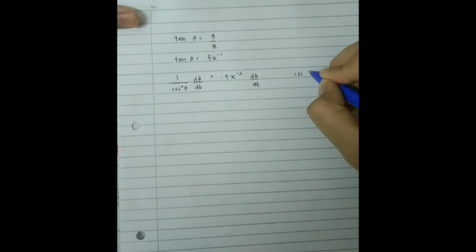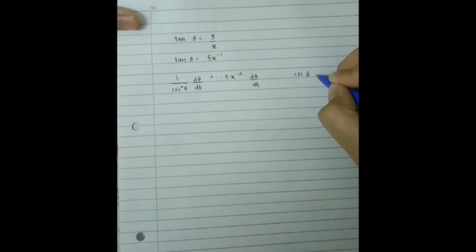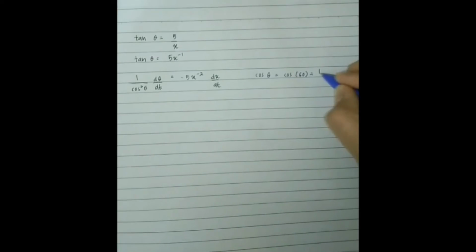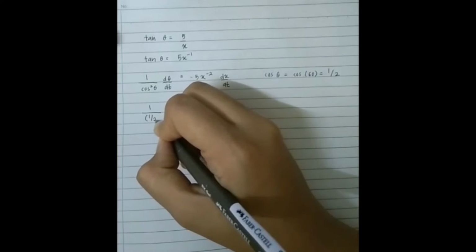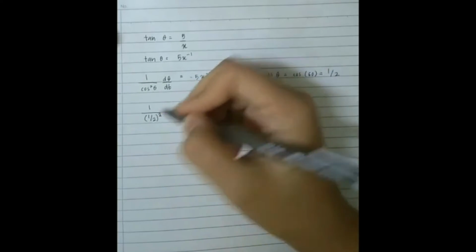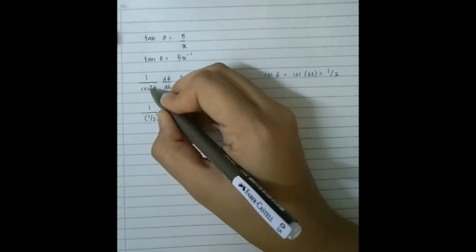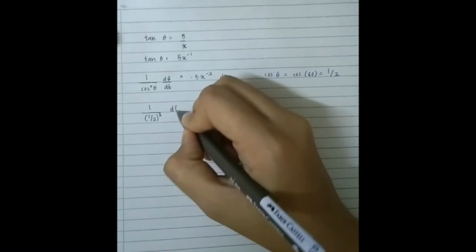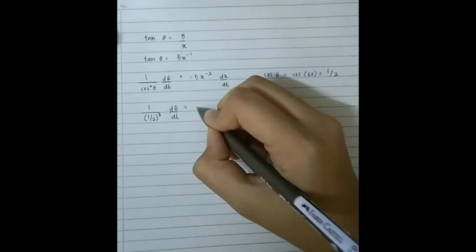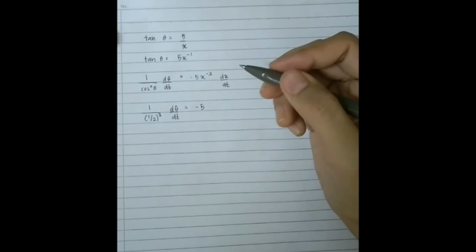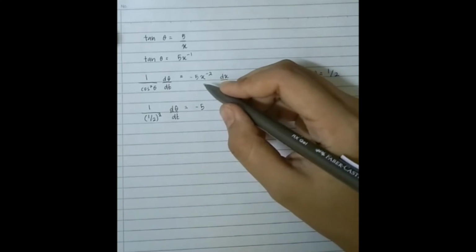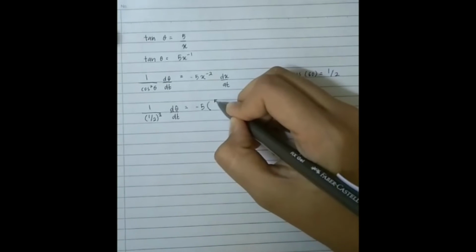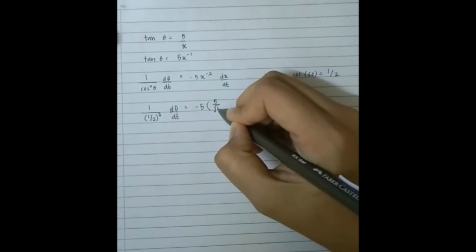We already know that cos 60 is equal to 1 over 2. So we just need to substitute the value into the cos theta. Do not forget the power of 2. And then x, we substitute with the value that we got, which is 5 over square root 3.